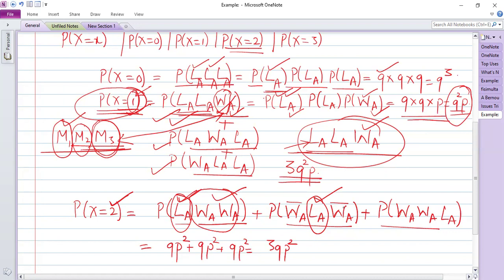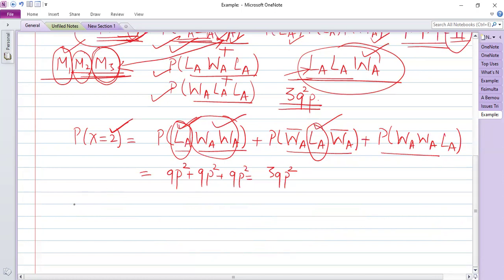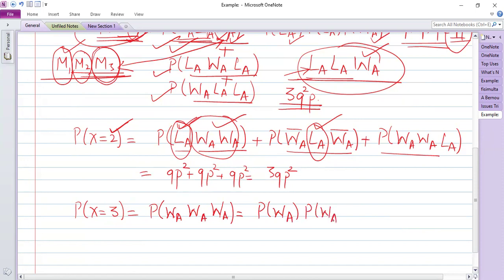And now the probability that x is equal to 3. So what will that be? Here WA, WA, WA. So this probability is now actually P cube.